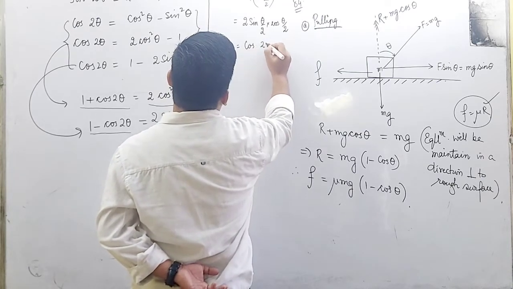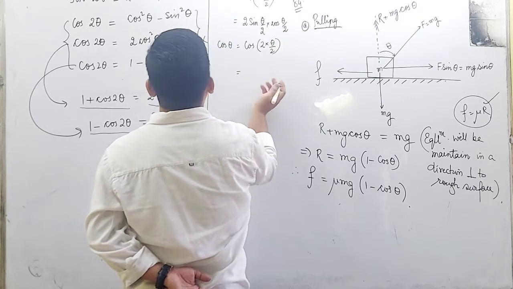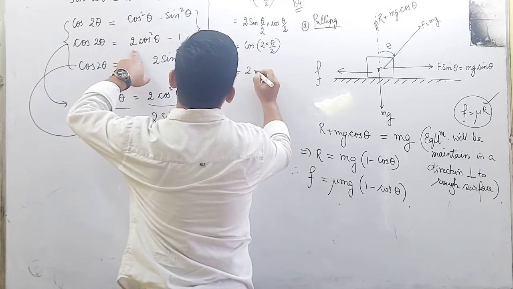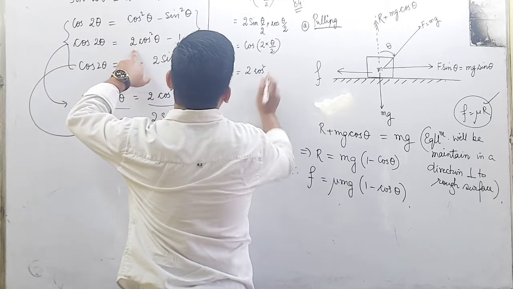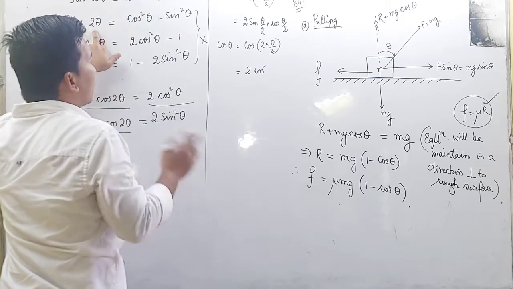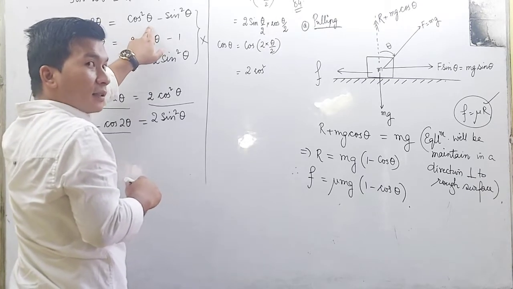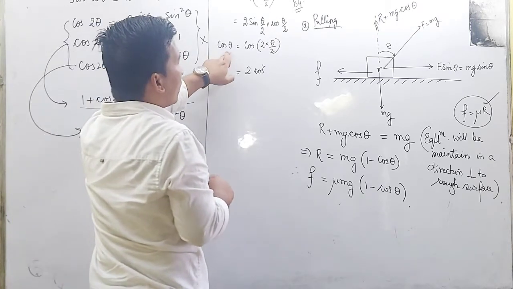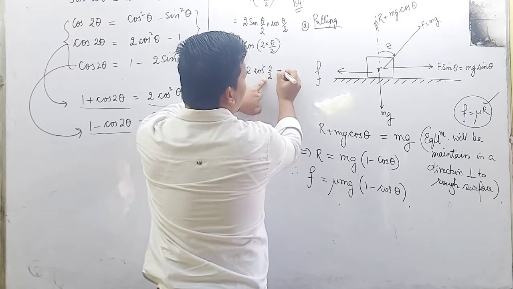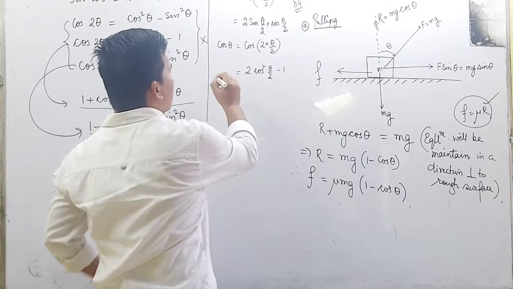This is 2 times cos square theta by 2, minus 1. Understood? This is your cos of theta.